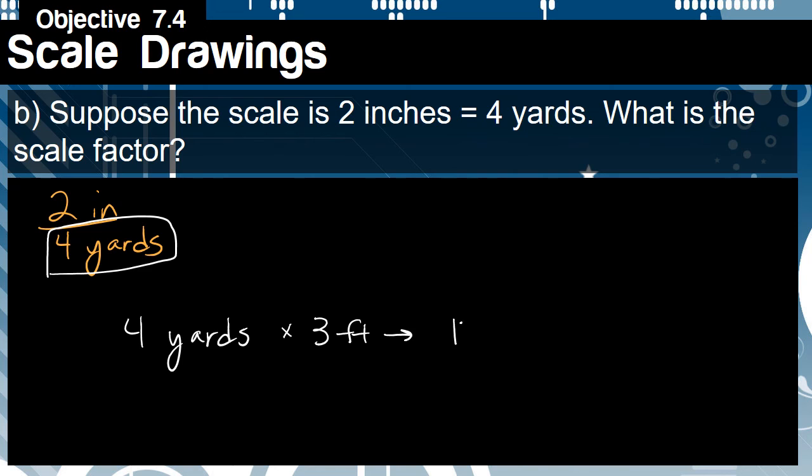So now we have 12 feet in 4 yards. But now we need to convert that to inches. And so we know that there are 12 inches for every foot. So if we multiply by 12 inches, that's going to give us 144 inches.